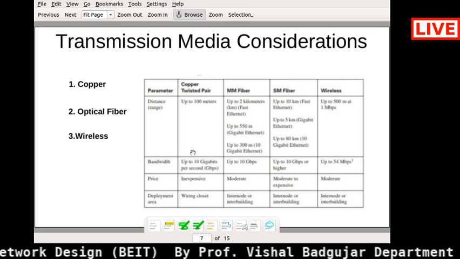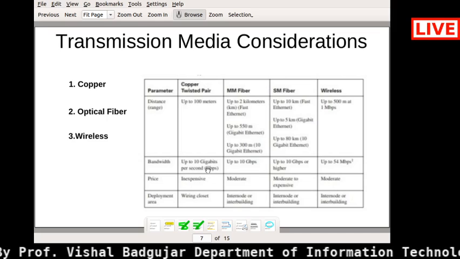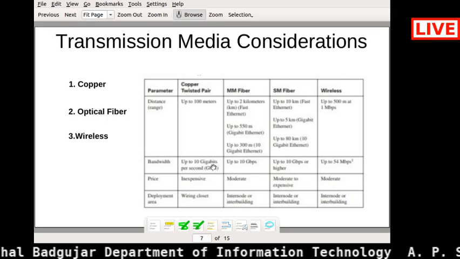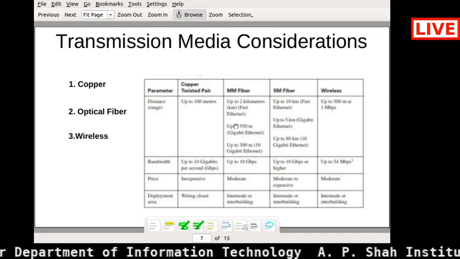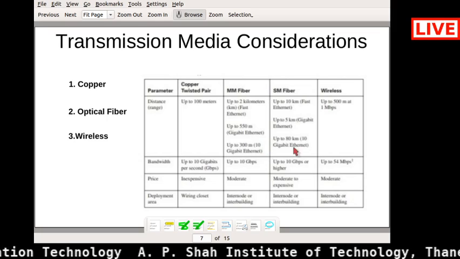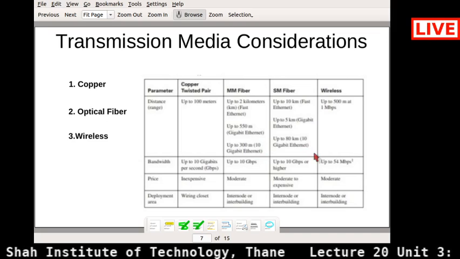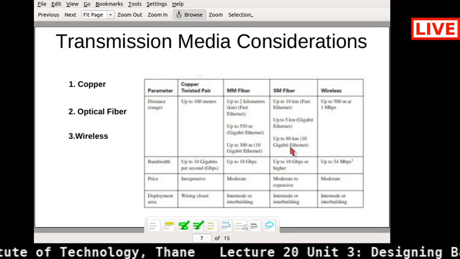For example, in copper twisted pair, if you are using up to 10 Gbps, then you can use this twisted pair. Up to 10 Gbps, you can use fiber. Up to 54 Mbps you can use in wireless also. So depending upon that also you can decide.